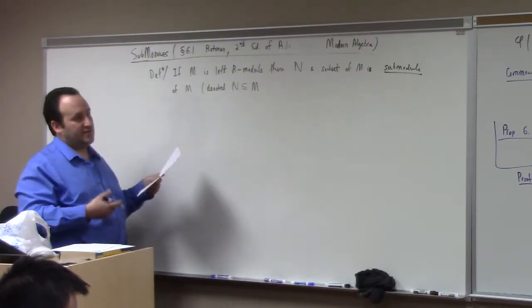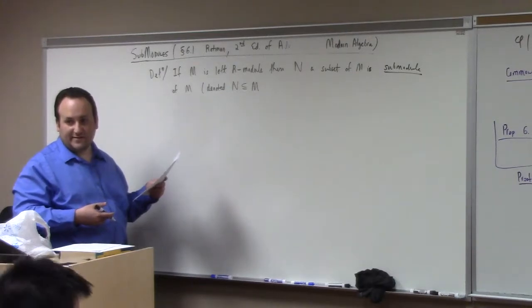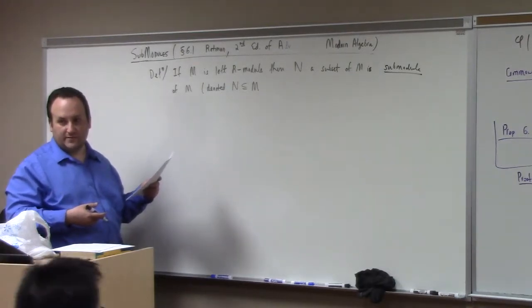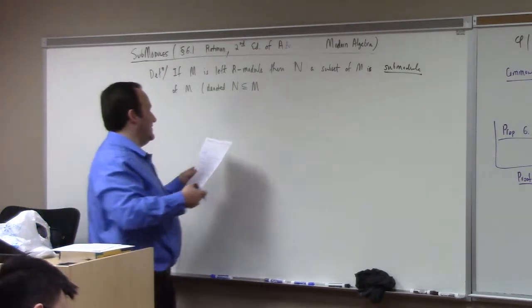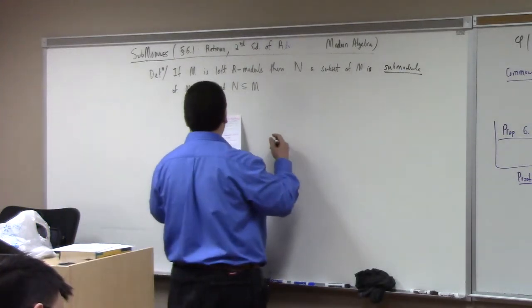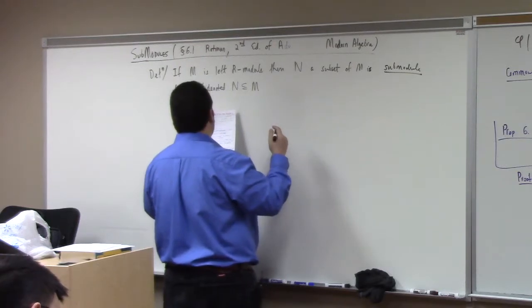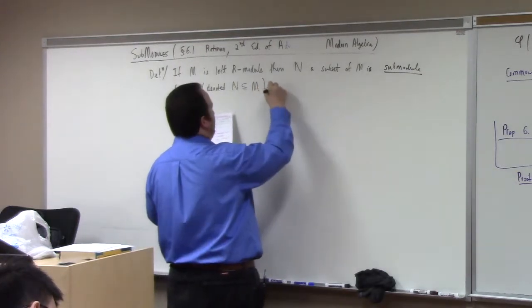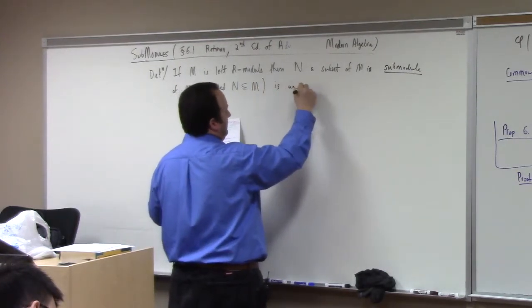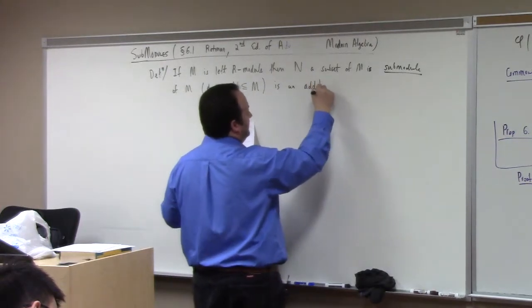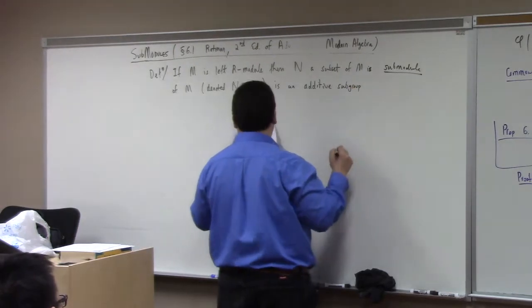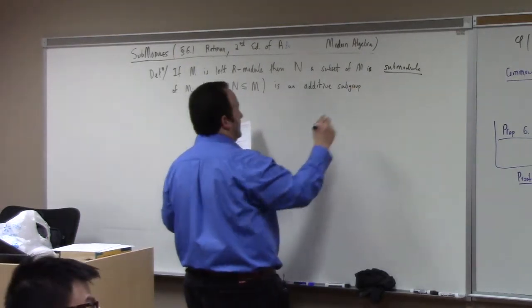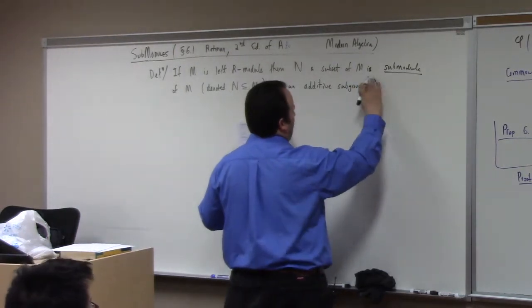Because submodule is going to reduce to subspace in the context of the F module, the field module of a vector space. I mean, this is a generalization of that idea, in my view. Anyway, it is an additive subgroup. So I'm just trying to say, beware. It's always good to use words to emphasize what you mean. Additive subgroup, and, oh, I already wrote that.